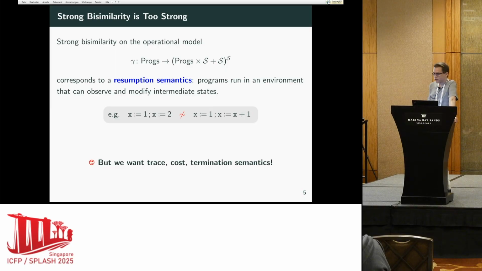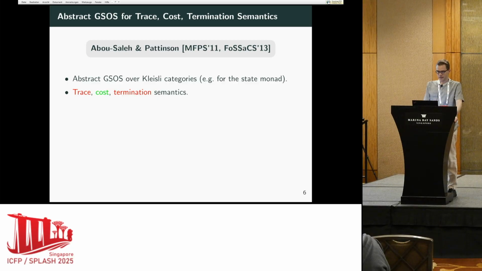So we want trace, cost, and termination semantics, right? And people have thought about this problem. There is a series of papers by Abu Saleh and Pattinson from about 15 years ago, where they develop abstract GSOS theory over Kleisli categories for state monads. It's quite a complex theory. And what they can do in the end is cost semantics in this setting, but not trace and termination semantics.